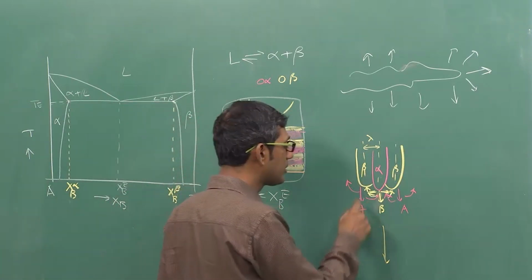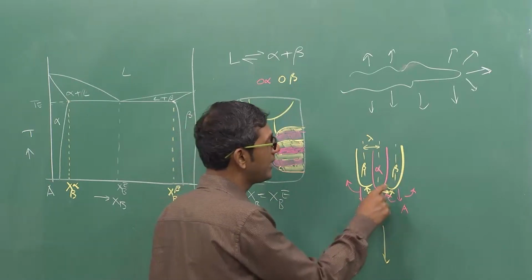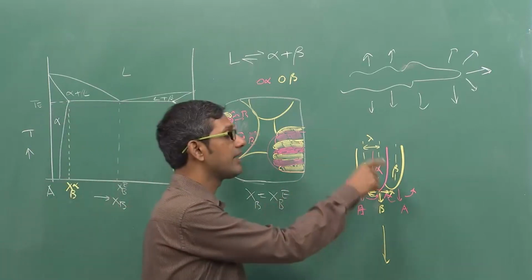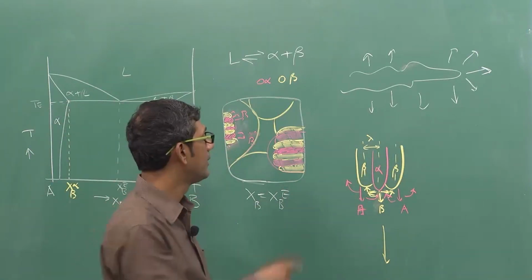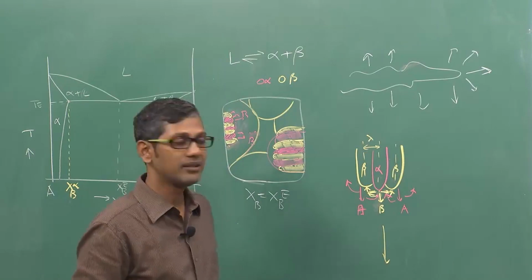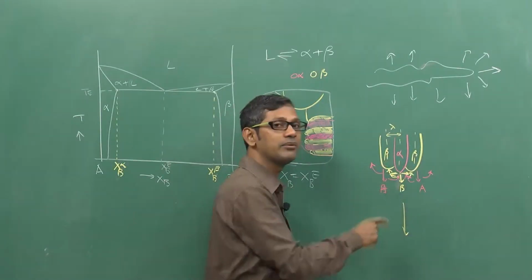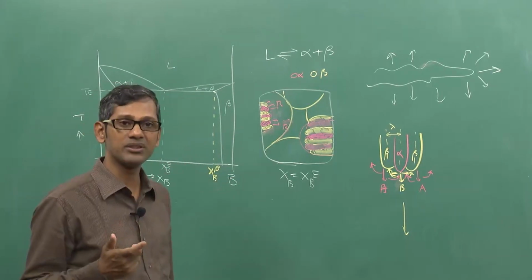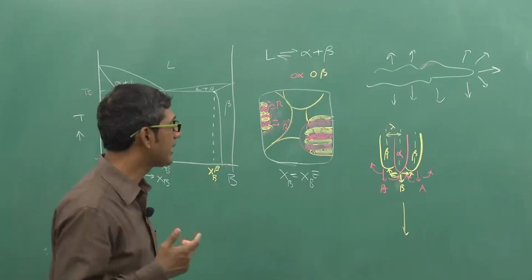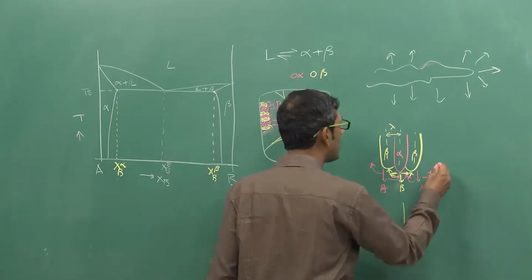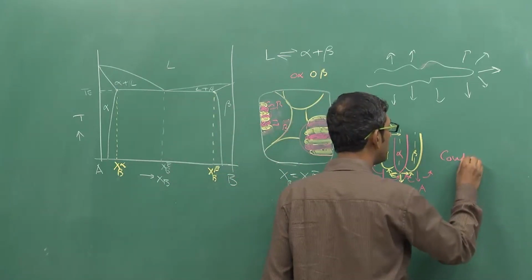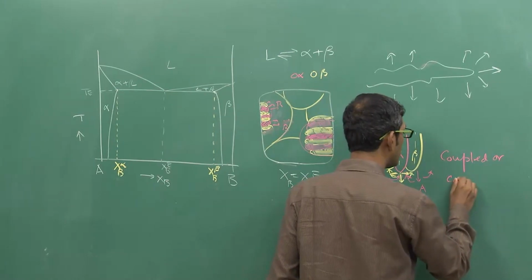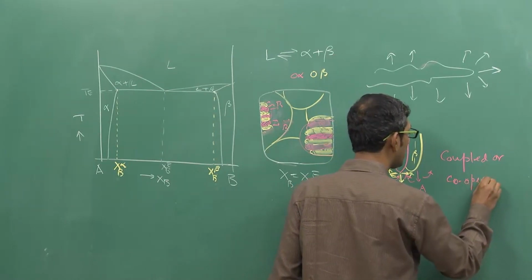Similarly, as the beta grows, it rejects A. This A is required for the alpha to grow. So this is like a cooperative phenomenon. They both are dependent on each other. The growth of alpha is interlinked with the growth of beta. They cannot grow separately, it is impossible. And because they cannot grow separately, that is why it is called a coupled or cooperative growth in eutectic.